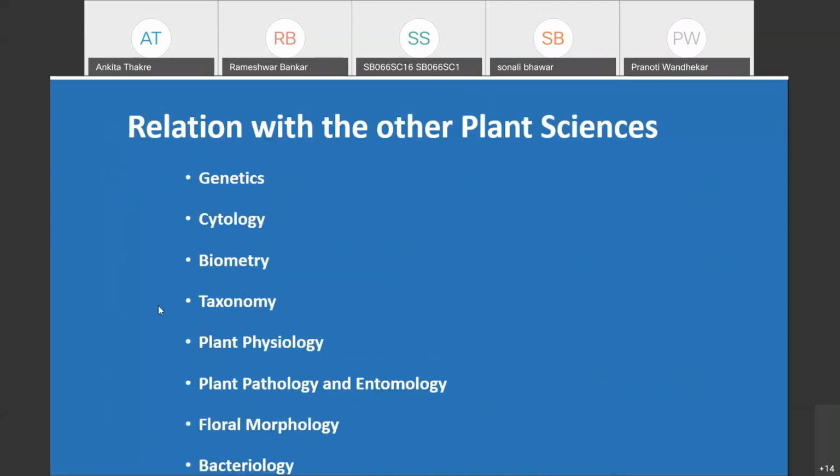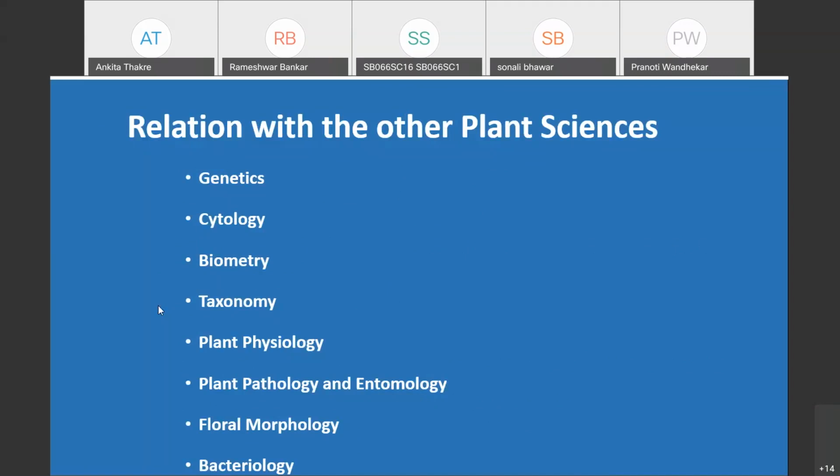Okay, then another important thing, the relation of plant breeding with the other sciences. The development of plant breeding as a special field of study has been associated with and dependent on the other branches of the plant sciences.